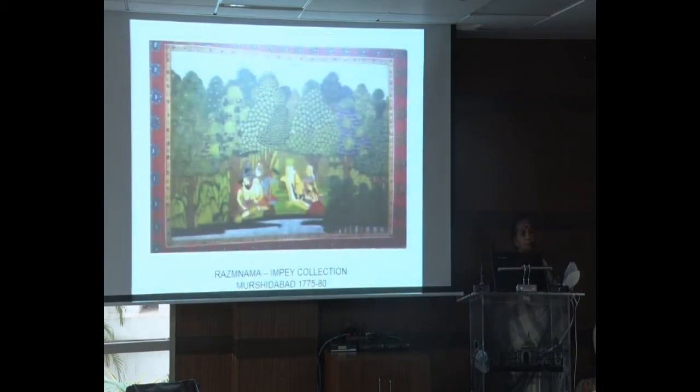This is an interesting painting. It is an illustration of a Ramayana, which was commissioned by Sir Elijah Impey. So when the company officials came in, some of them became collectors. Usually we hear of a man called Fullerton, but it seems that Elijah Impey, who had commissioned a number of botanical drawings, also acquired these kinds of manuscripts.